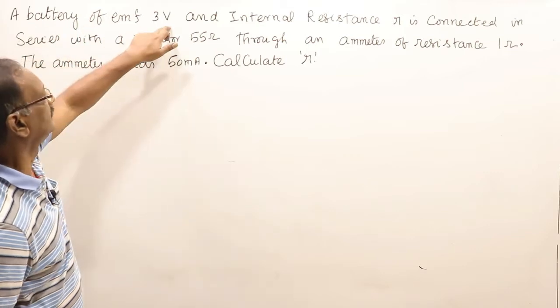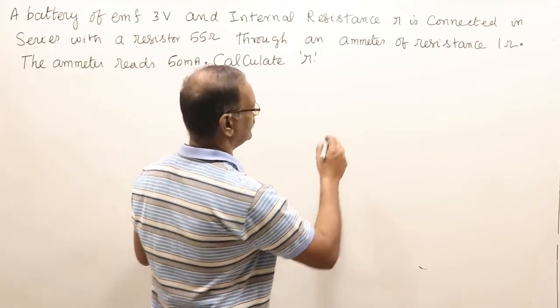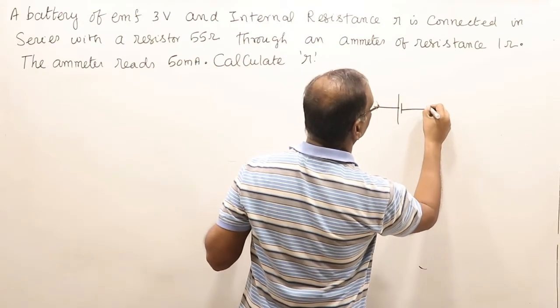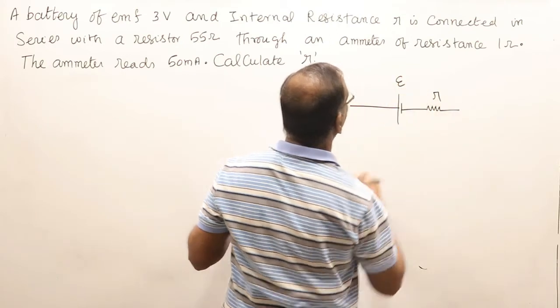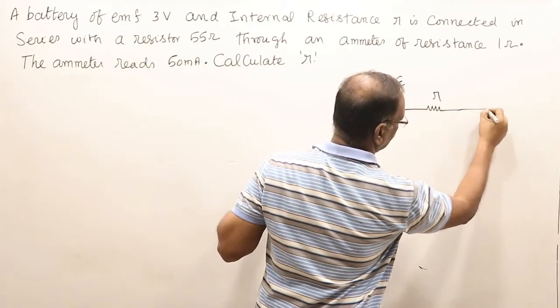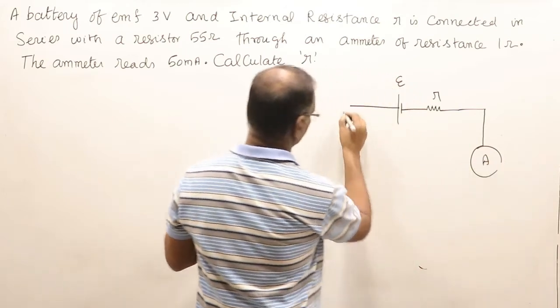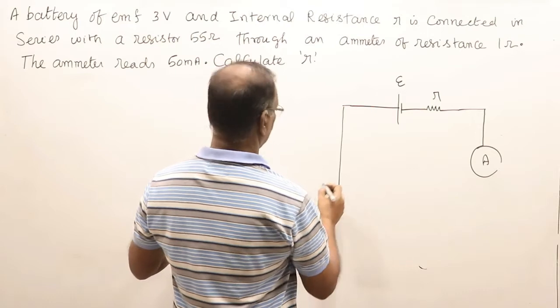A battery of 3 volt and an internal resistance of r. There is a battery with internal resistance r. This is the EMF. It is connected in series with an ammeter and a resistor of 55 ohm.